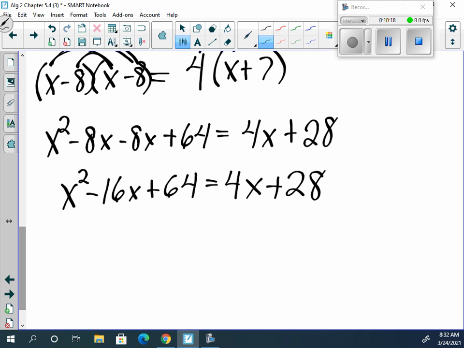Now this is a good sight to see because we don't have any radicals. We don't have anything that needs to be squared. Everything is as simplified as we can get it. And we have a quadratic.